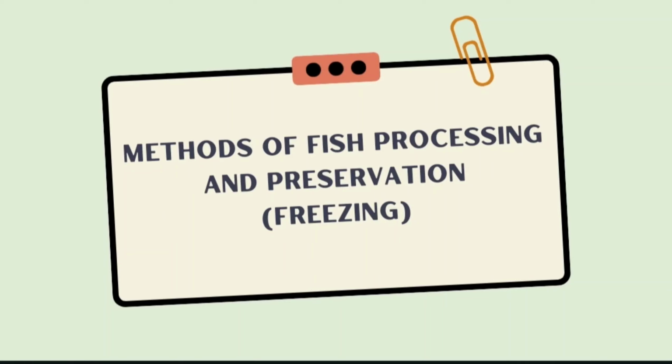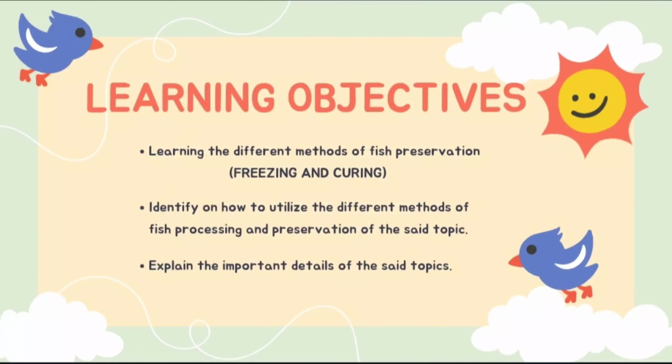Right here we will be discussing the methods of fish processing and preservation by freezing. In the learning objectives, you will be expected to learn the different methods of fish preservation.